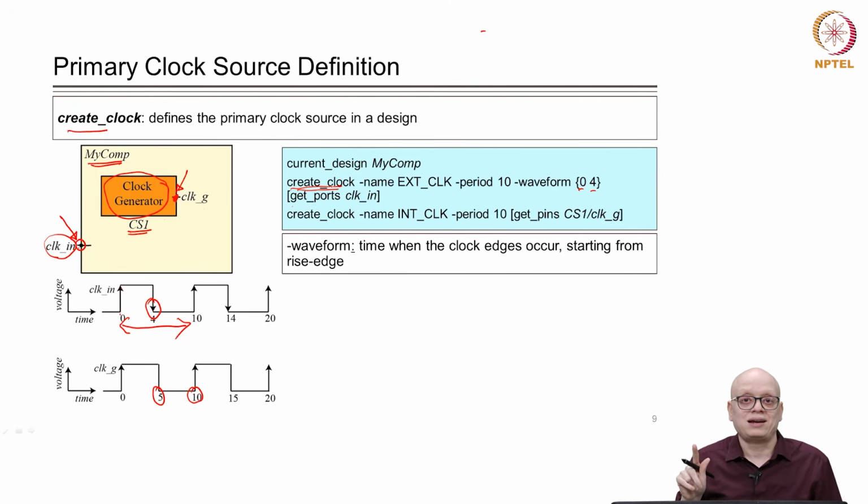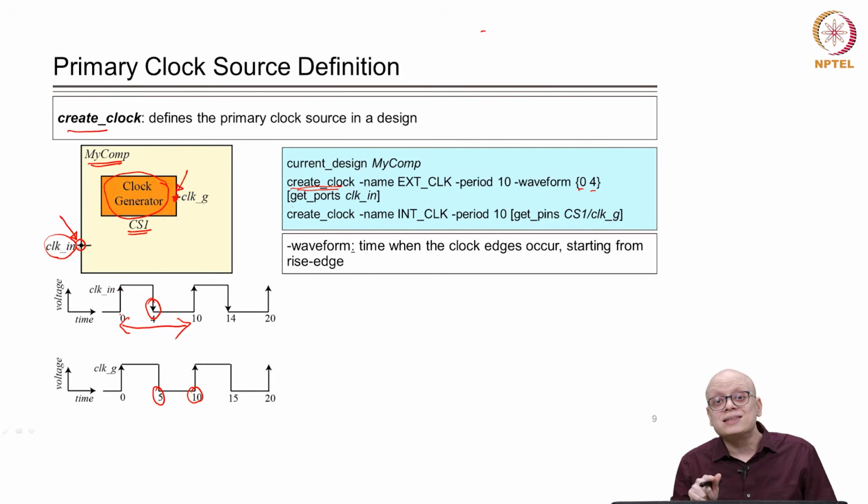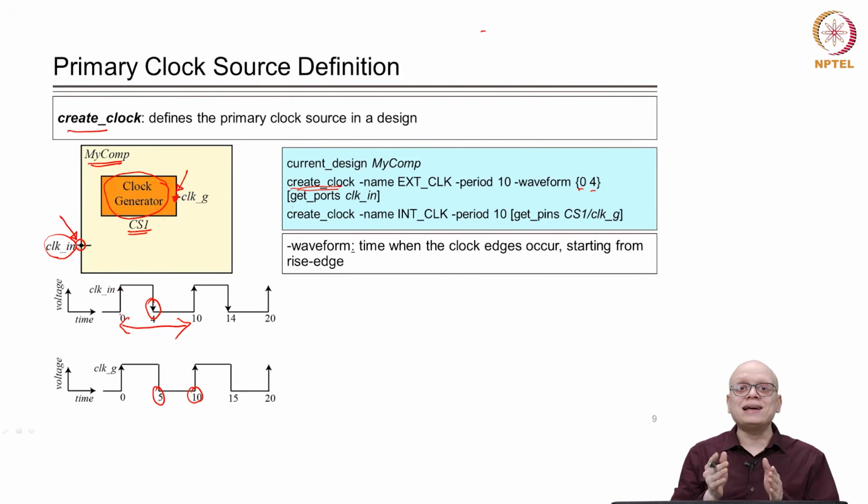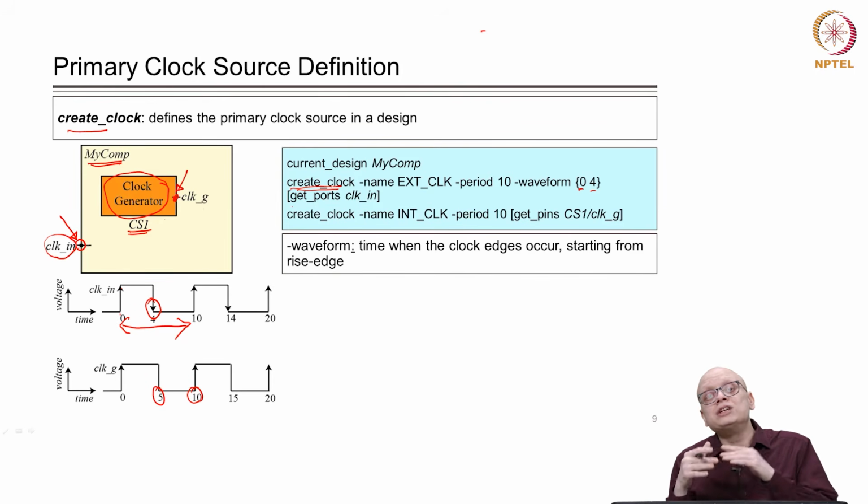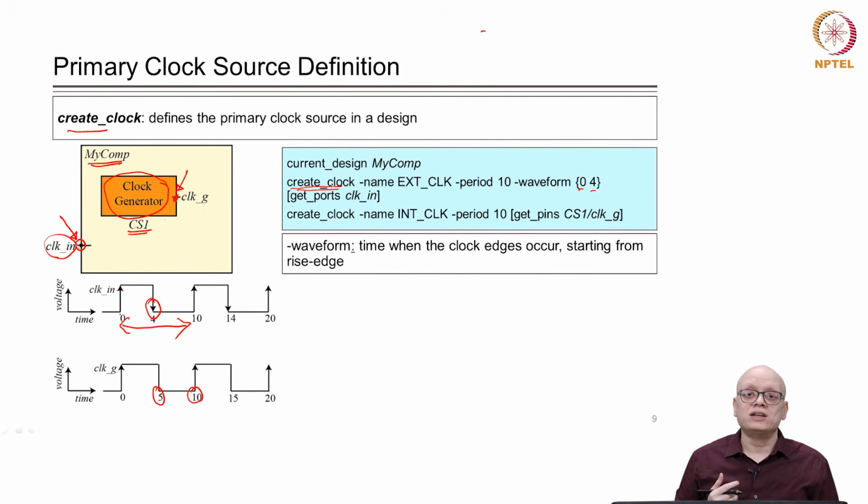That is not correct. These SDC files provide definitions and constraints to our design. They do not directly change our design. They only give instructions or constraints to our design which are honored by the implementation tool.